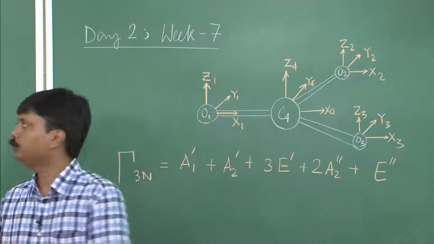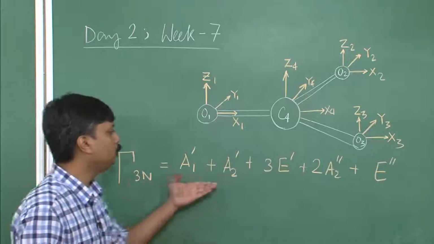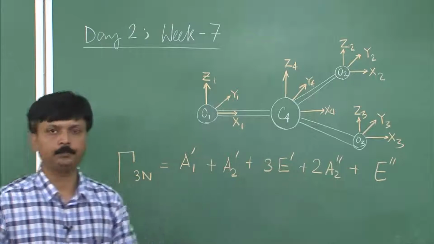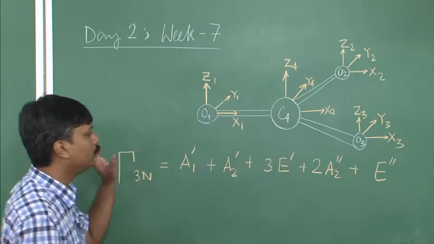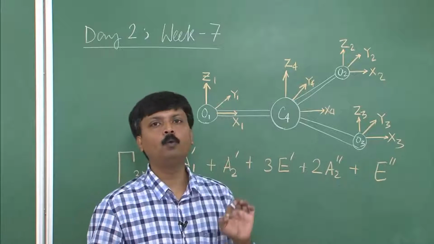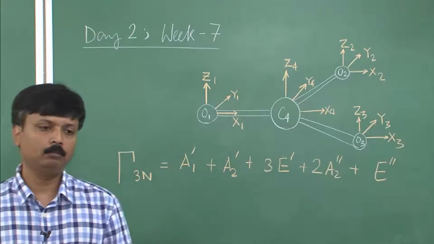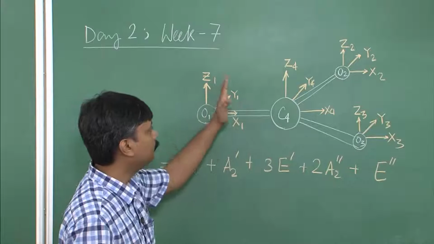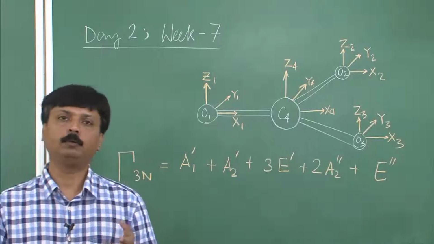So you solve this, meaning that you reduce it, and then you are supposed to get this particular expression. So now I could find out what are the irreducible representations to which all these basis vectors x, y and z's transform as.